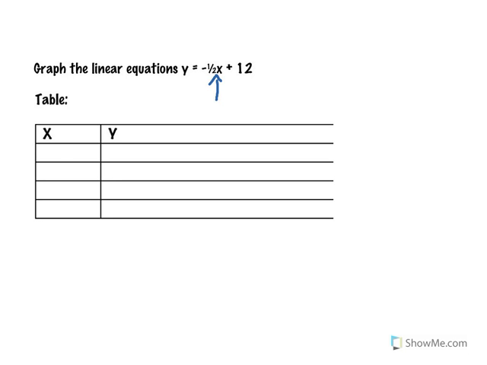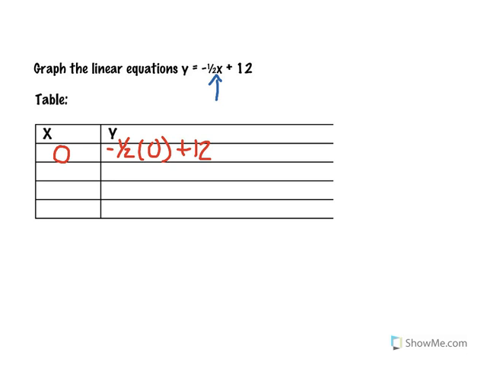So let's go ahead and write down 0 for x. Plugging it in, I would have negative 1/2 times 0 plus 12. This process should seem very similar to you. It's a lot like what we were doing with sequencing, just plugging in for n.